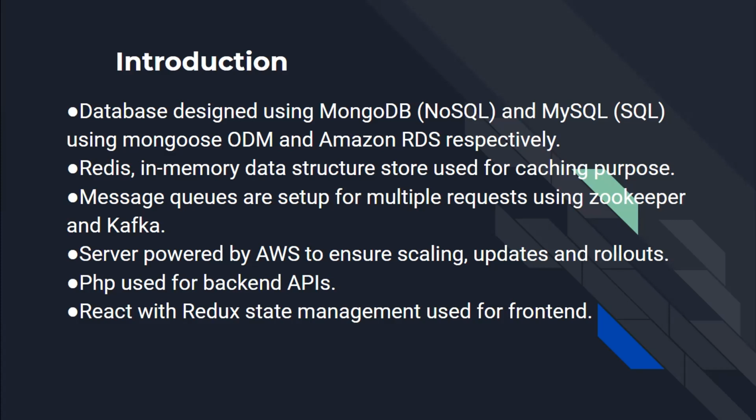Also, with the use of a broker, even if any of our servers goes down, the front end user will not be affected much. And lastly, our client will be React, used with Redux, and that will be used for front end management.